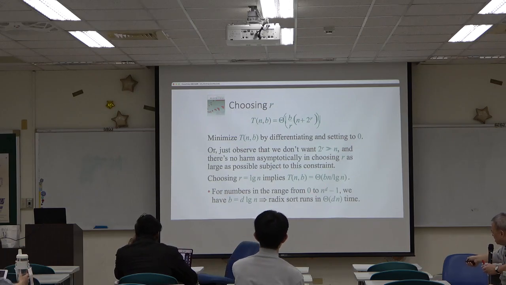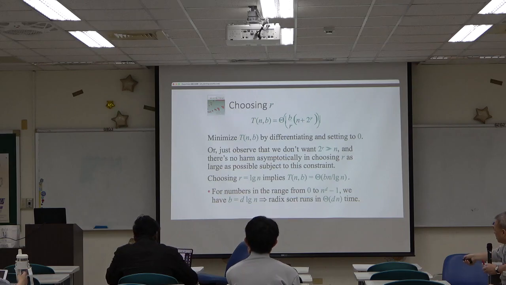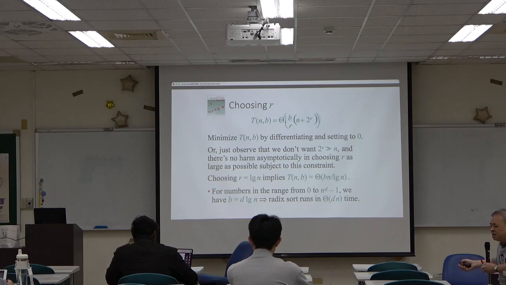You plug in B to be d log n, so the log n cancel each other. So the radix sort runs in theta of d times n time. So it is linear as well, so it is a very, very efficient sorting algorithm.